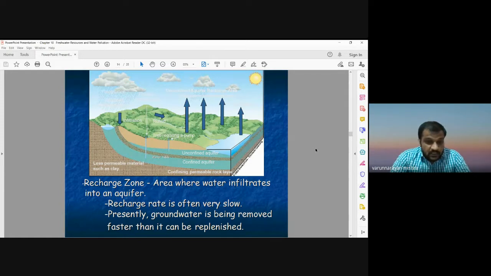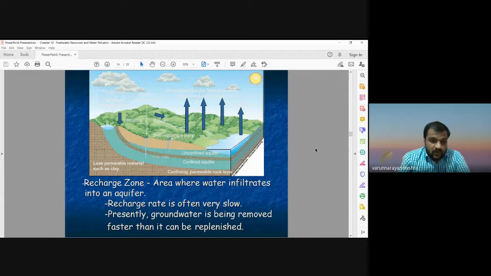And presently, the groundwater is being removed faster than it can be replenished. Okay, we are extracting or retrieving the water from the underground, but the rate of recharge is very slow. That's the problem of water scarcity. Water is recharging at a slow rate, but we are extracting water at a fast rate.